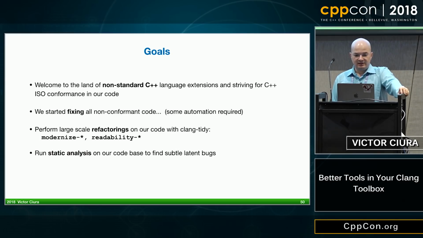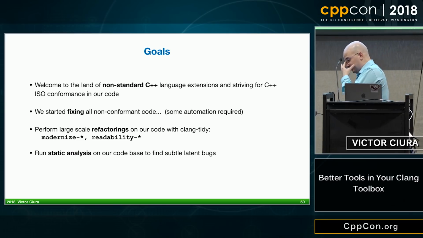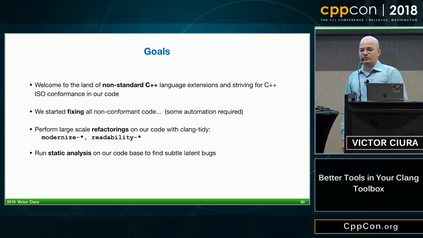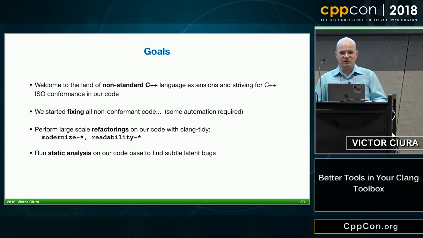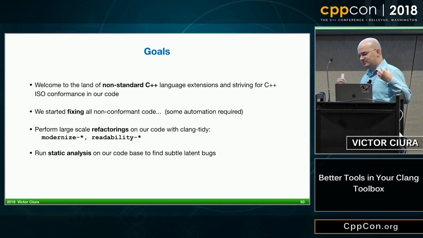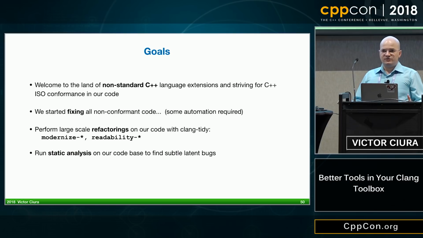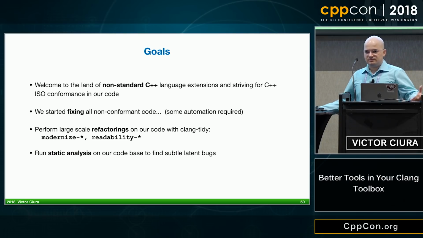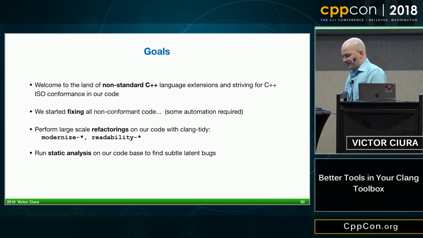And why are we encountering this? It's kind of easy to get into this problem. If your toolchain allows you to use non-standard constructs or some fancy language extension, and I'm not picking just on MSVC here, the same goes with GCC, for example.